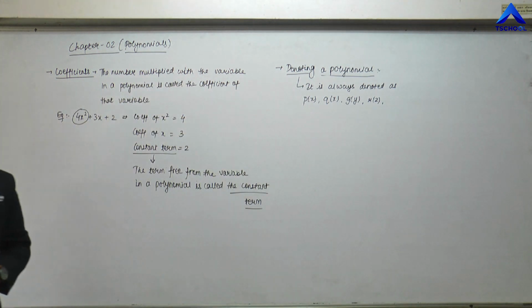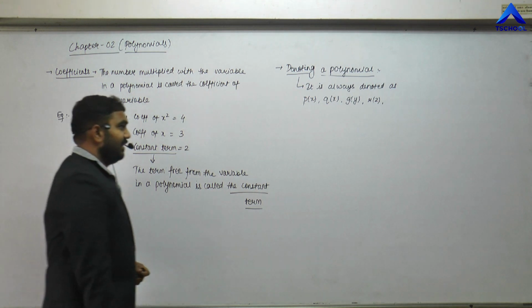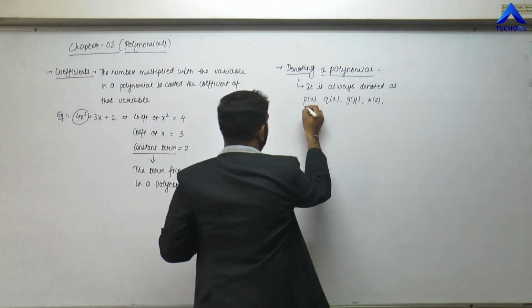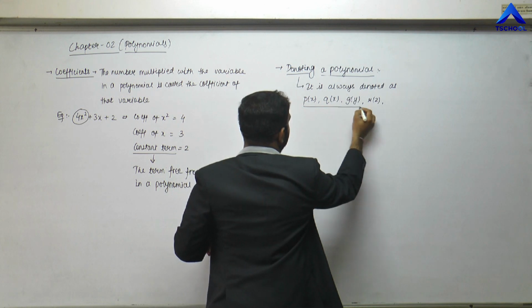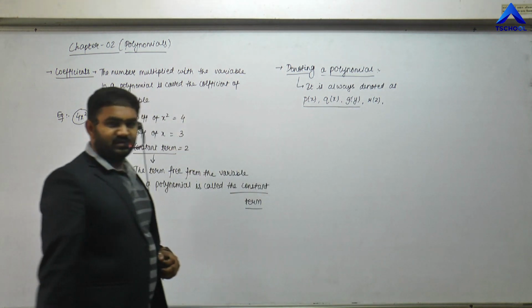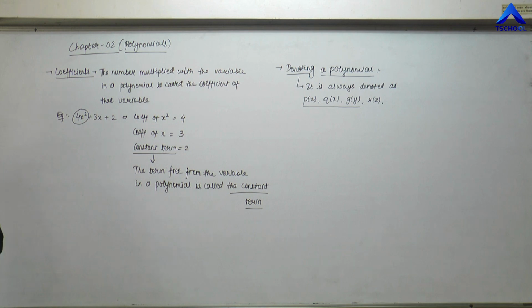Similarly you can write down many more examples, but mainly when we write down a polynomial, we only write it in the form of p of x, q of x or g of x, and sometimes in the form of r of x, right?